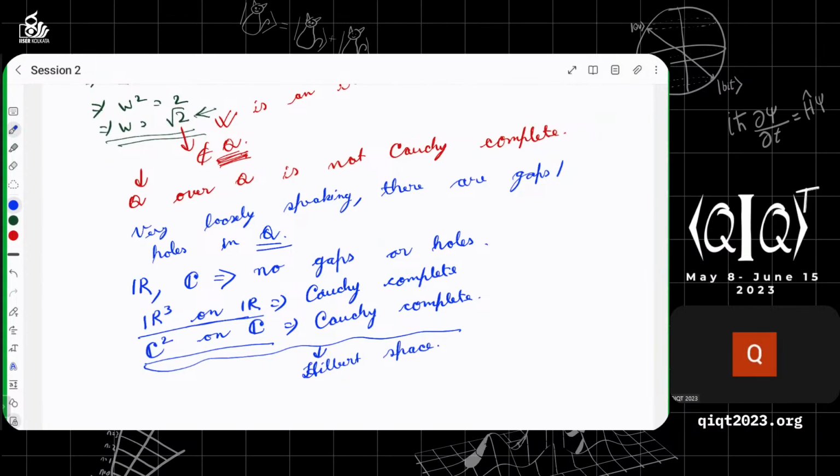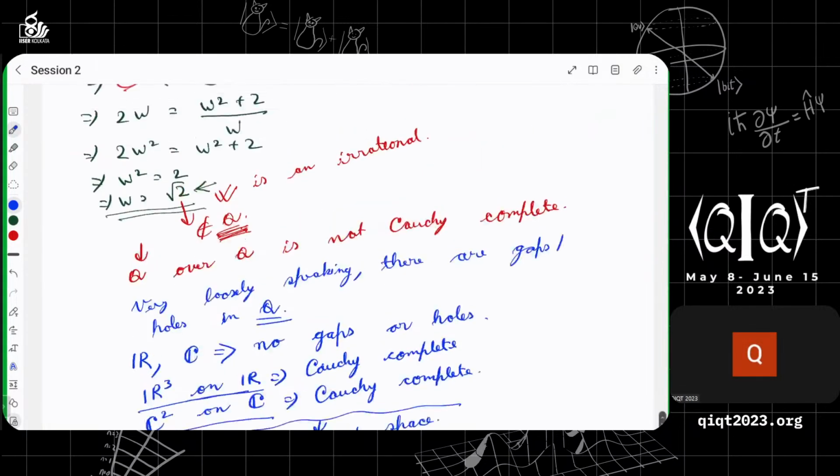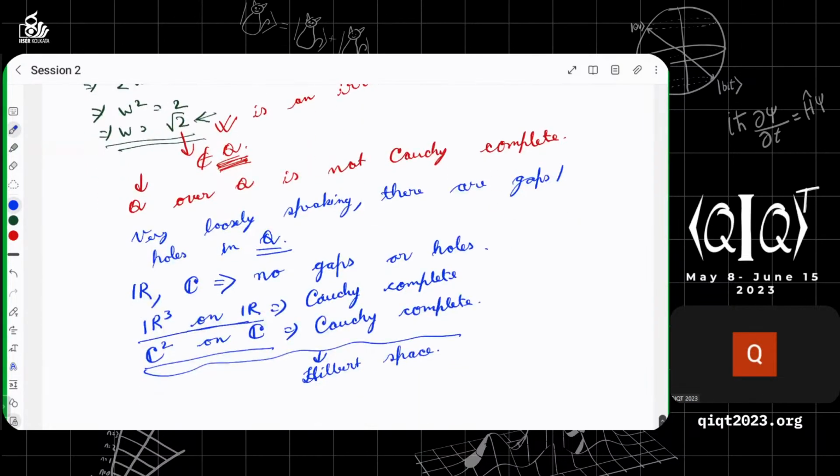It just ensures that there are no holes or gaps in the space, because then it would be difficult to establish the formalism of quantum mechanics as we will try to do now. So there's not really a role of Cauchy completeness as such, apart from ensuring that there are no holes in this space.